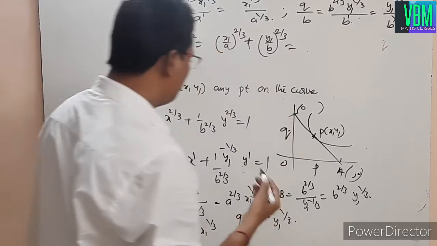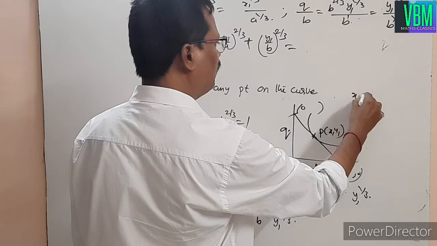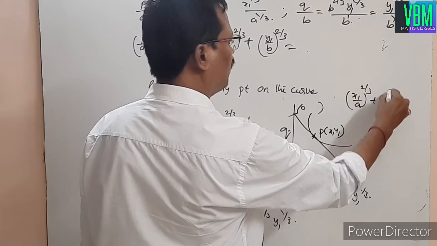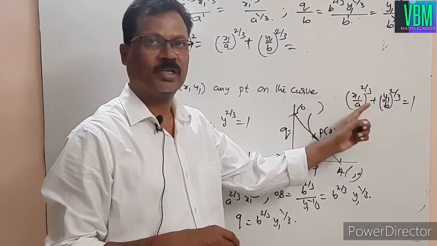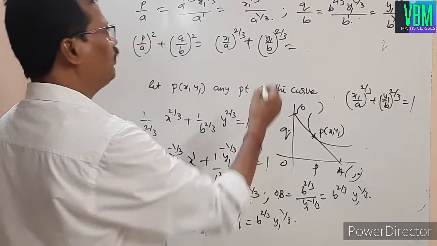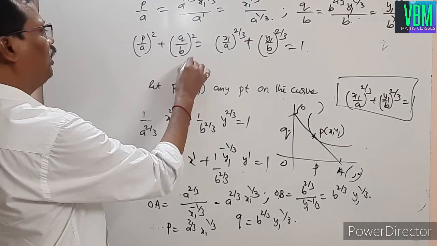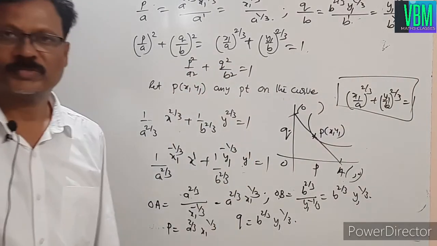Then what is P? P is a point on the curve, that is why x1 by a whole to the power of 2 by 3 plus y1 by b whole to the power of 2 by 3 is equal to 1. Keeping that, we get like this. Therefore this is equal to 1 according to this condition. Therefore what we got? p square by a square plus q square by b square equals 1.